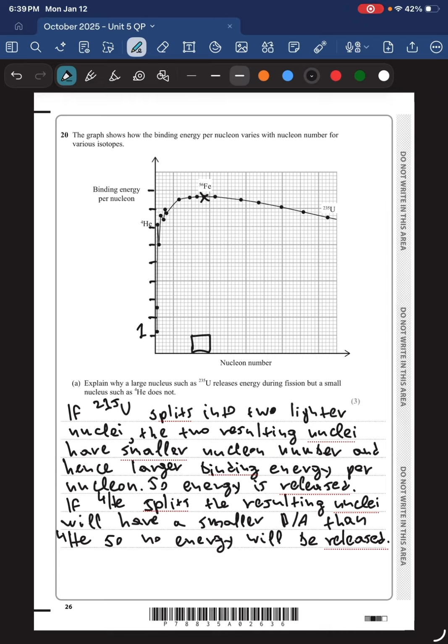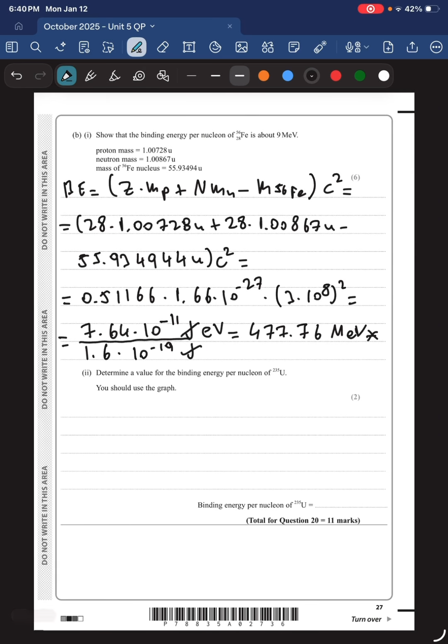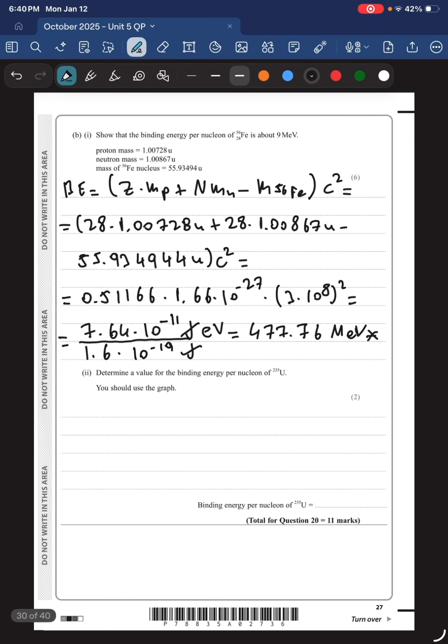So this is 7 and this is 8, so 7.2, 7.4, about 7.6, so maybe 7.5. This is uranium-235, and it corresponds to about 7.5 MeV. So B over A for uranium-235 is about 7.5 MeV. That's the answer.